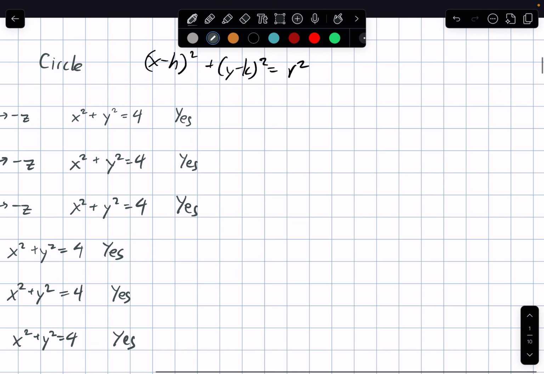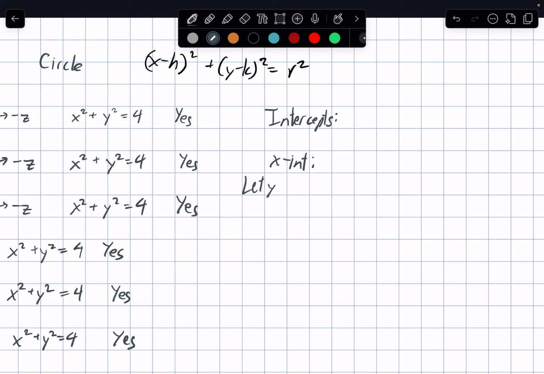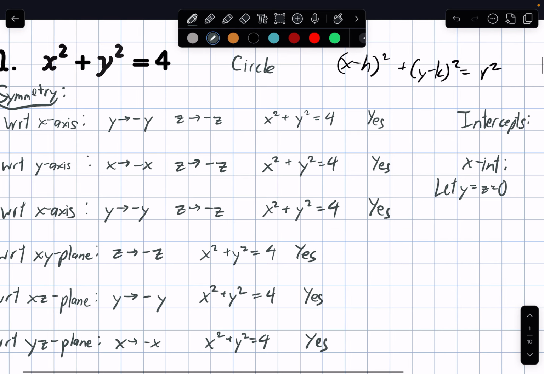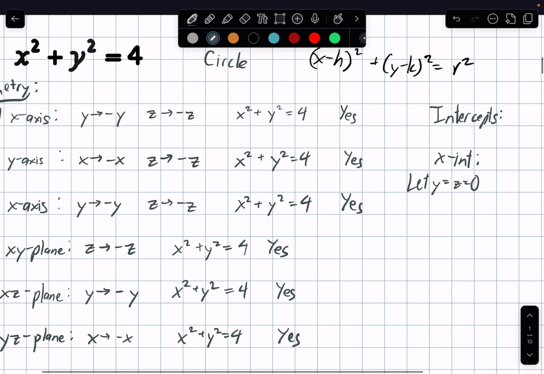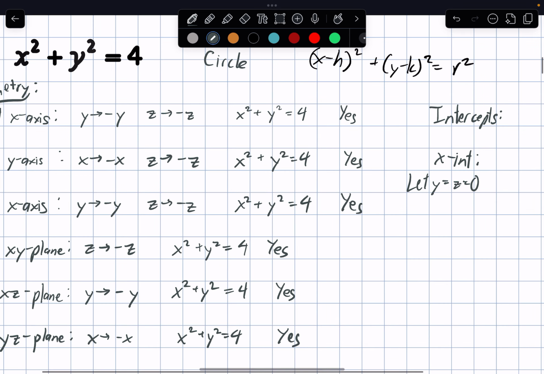Now let's move to intercepts, number 2. Let's start with the x-intercept. We're going to make y equal to z equal to 0, right? So y is going to be 0. We don't see z, so we don't mind that.